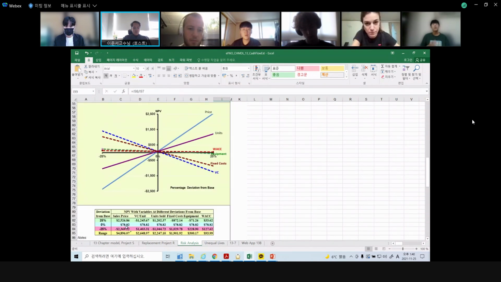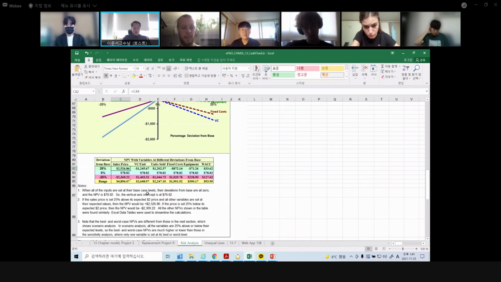In that case, if the value of each variable is fixed at our original expectation, the present value is going to be $78.82, right? But if the sales price goes up 25%, which means to $2.5 from $2, then that present value increases just like that, right? That's the sensitivity analysis.